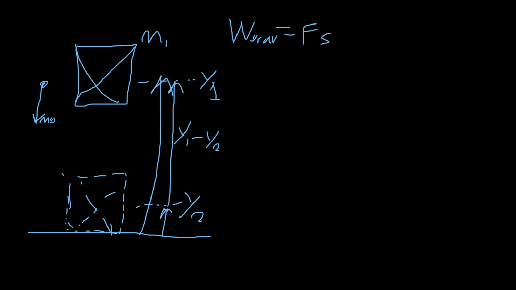Now what is our force? We know that's mg, and the angle between these two is just cosine of 0, which is 1, so it's omitted in this example here, as it's not necessary. So we'll plug in mg times our displacement of y1 minus y2. Right now we're deriving how we find our gravitational energy.